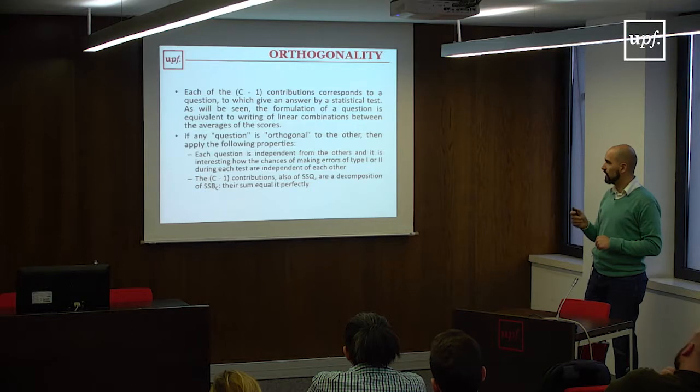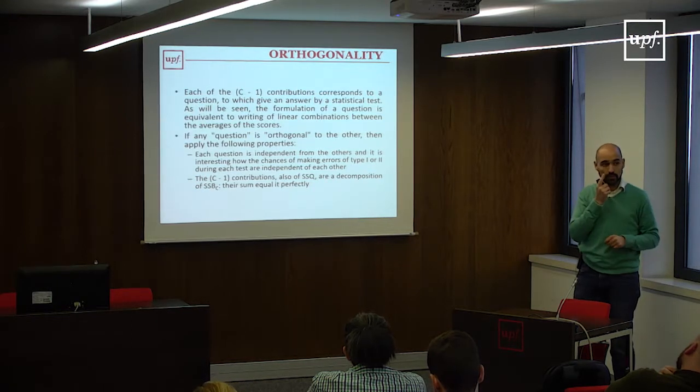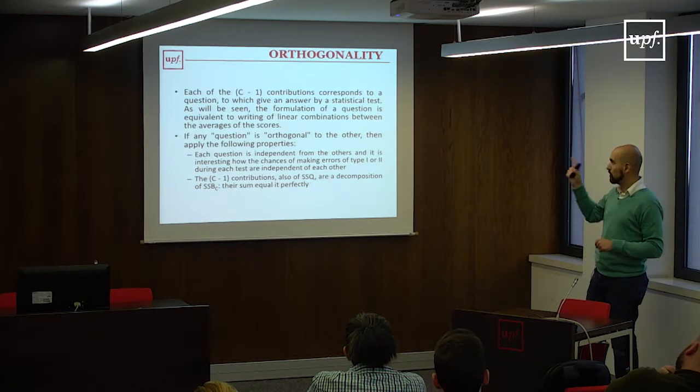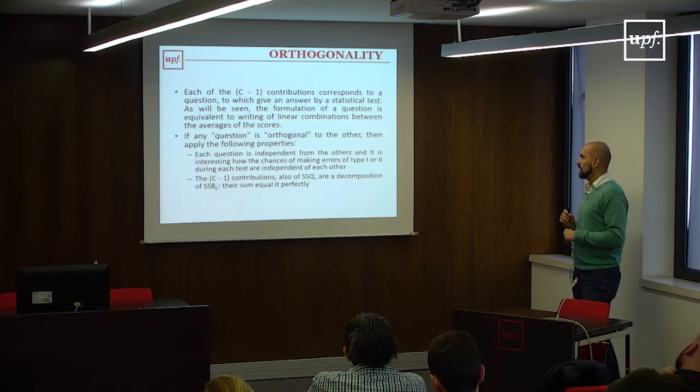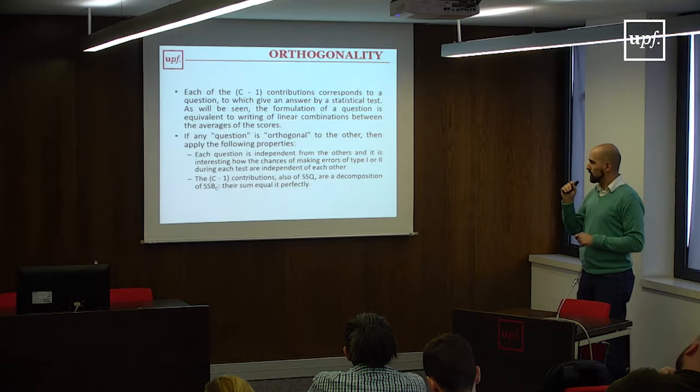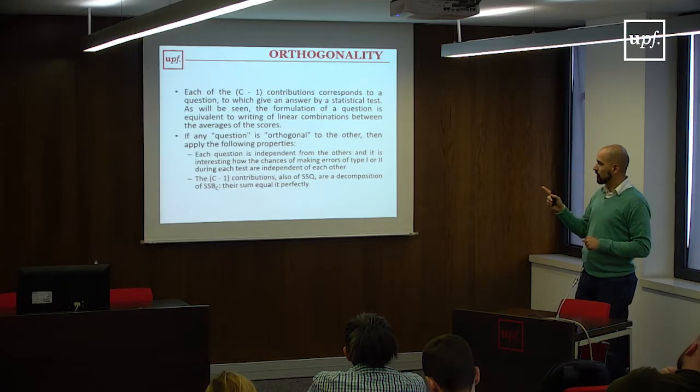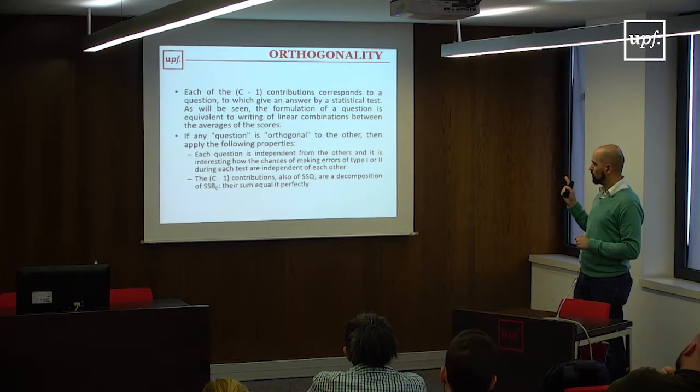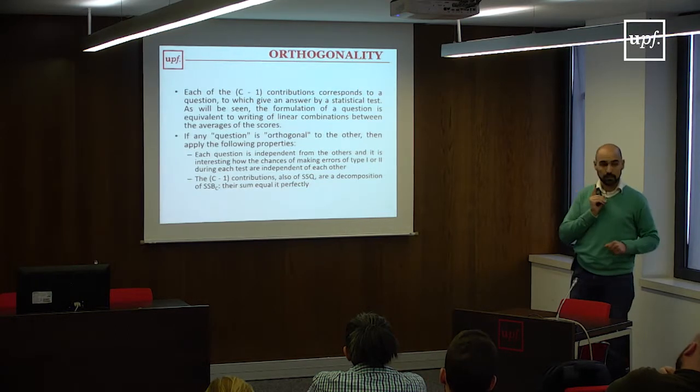So if any question is orthogonal to the others, and we go back to the title, orthogonality, then we can apply the following properties. Each question is independent from the others, and it is interesting how the chances of making error of type 1 or 2 during each test are independent of each other.